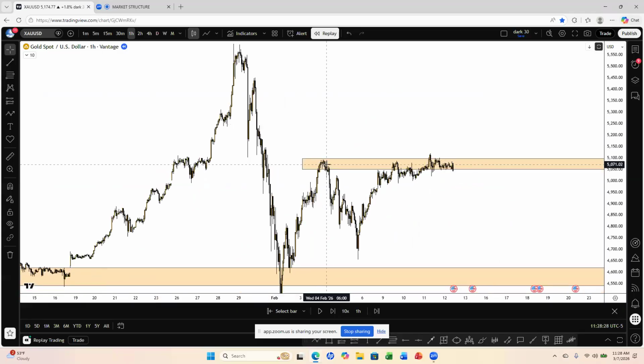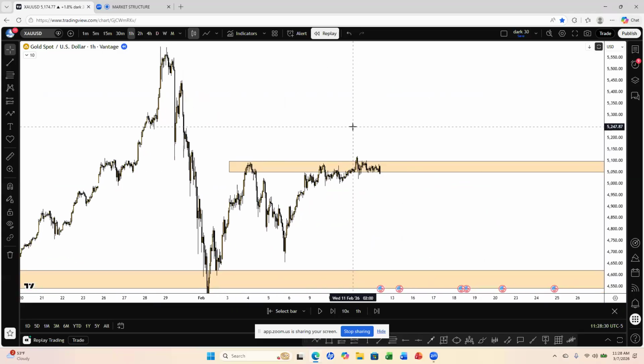This right here, all this resistance, same thing, it's just on a smaller time frame. So the candlesticks are 1 hour piece instead of 4 hour per candle. And the same thing, it went down, retested that zone, went down a little bit more.